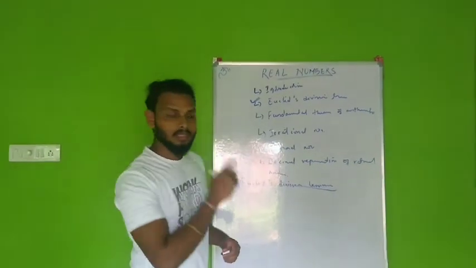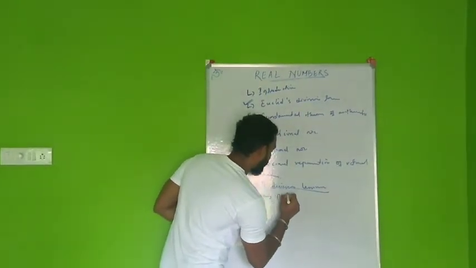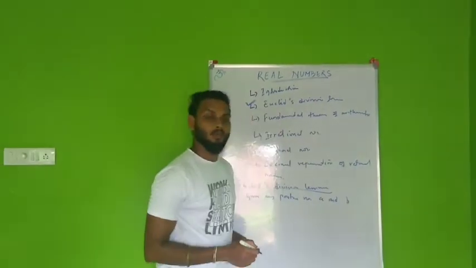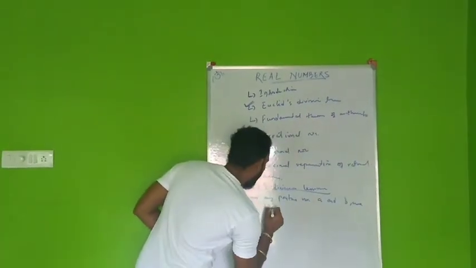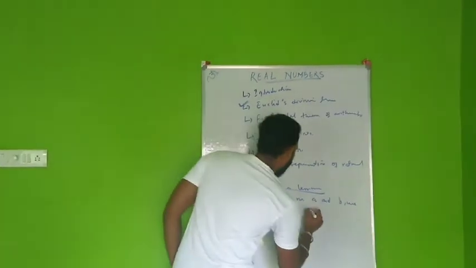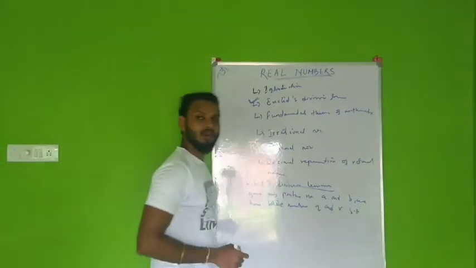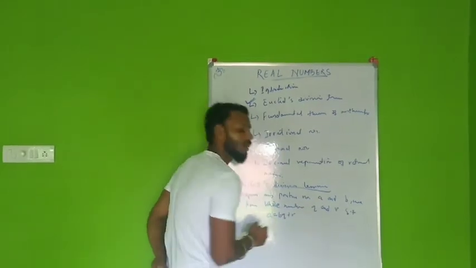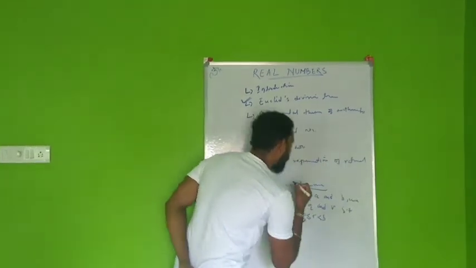Euclid's division lemma says, given any positive numbers a and b, we have whole numbers q and r such that a can be written as bq plus r, where r is between 0 and b.